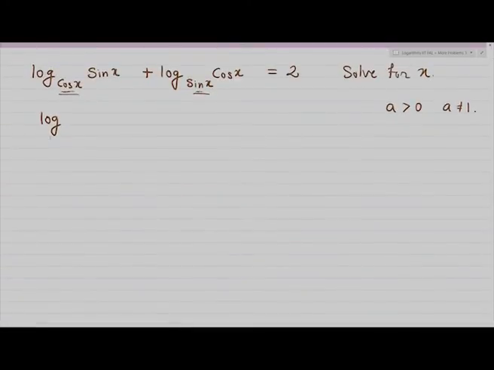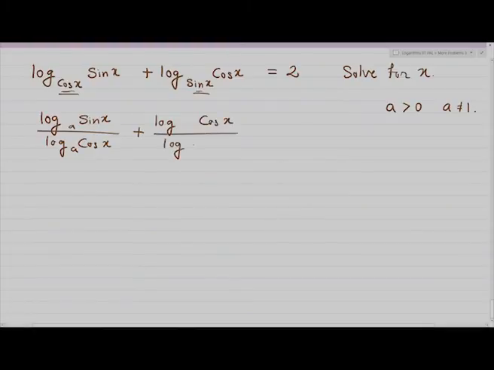So, it is log of sin x with some base a upon log of cos x, I am using change of base, let it be some base a, plus log of cos x upon log of sin x, let it be some base a, this is equal to 2.